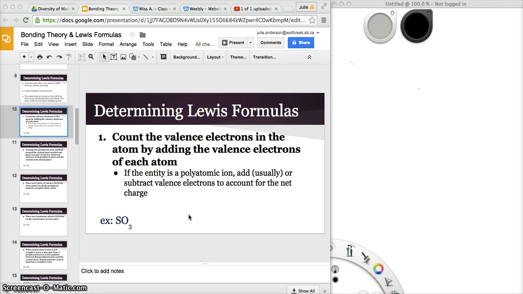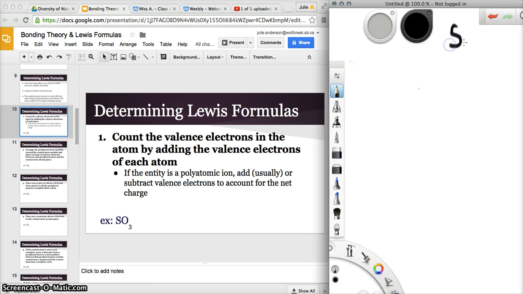So we need to first count the number of valence electrons in each atom by adding them up. So in sulfur, I have 6 valence electrons, so I'm going to put that in just on the side here to keep track, and O3. So I have 3 oxygens, and each oxygen will have, again, 6 valence electrons, so making a total of 18 valence electrons here.